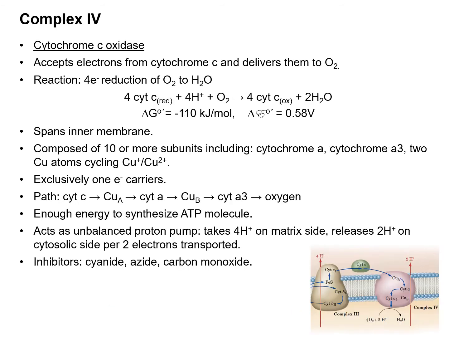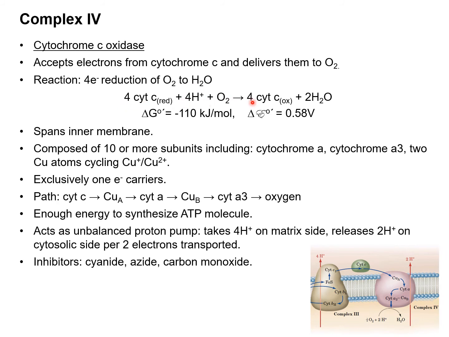The last component in the electron transport chain is complex 4, also called cytochrome C oxidase, and it accepts electrons from cytochrome C and delivers them to the oxygen molecule. The reaction is basically handing the 4th electron to the oxygen molecule to get it reduced to a water molecule.